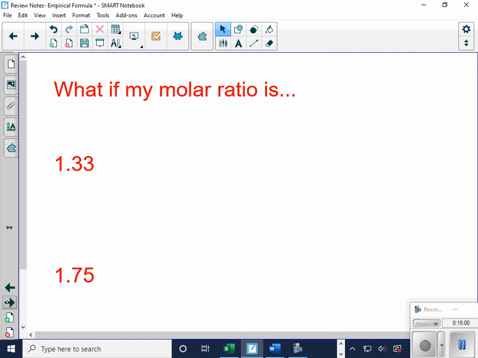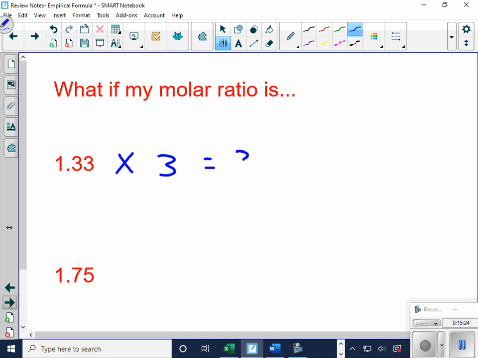By multiplying by what? Well, isn't a 0.33 a third? So if I multiply 1.33 by 3, that should give me 4, right? It gives me 3.99. Is that close enough to the whole number 4? Absolutely. So if I would get a number like that, I would multiply it by 3.